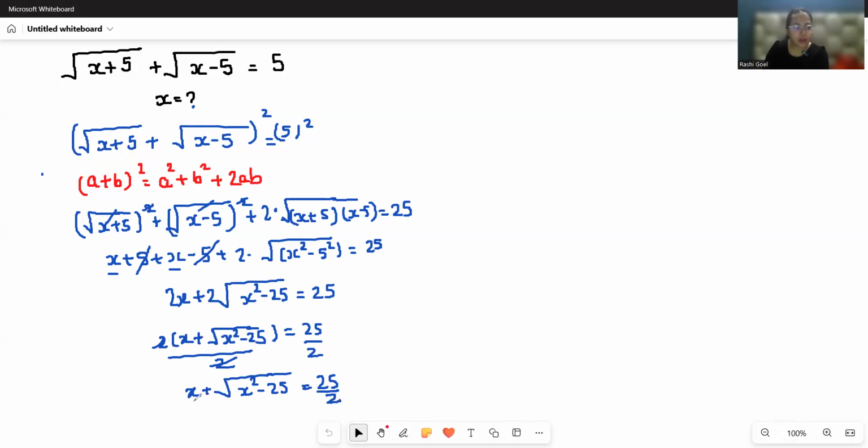Take this x to the other side. So it becomes under root x square minus 25 equals 25 by 2 minus x. Now if I do squaring both sides again, with the help of this the square root eliminates.